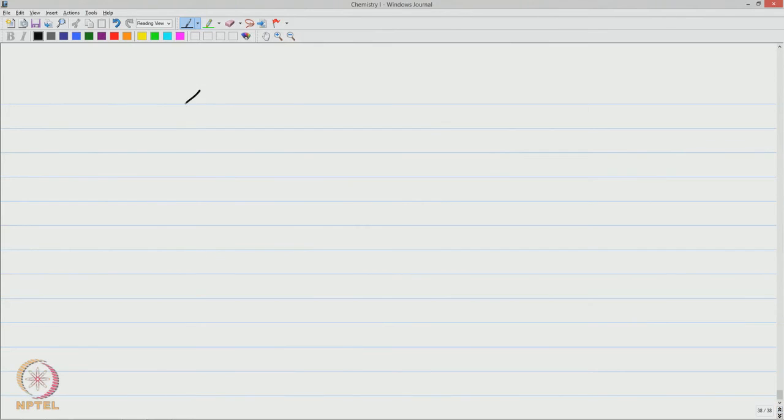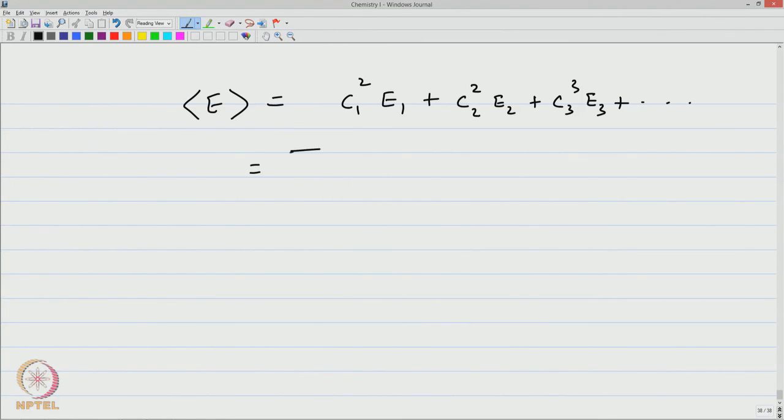Now, you can immediately verify the average value of energy for this system, since the probability is C1 square for the state 1, and when it is 1 the energy measured is E1, you can see that the probability for the energy 2 is C2 square, the probability for energy 3 is C3 square, and so on. Therefore, the average value is the sum from n equal to 1 to infinity of Cn square times En.